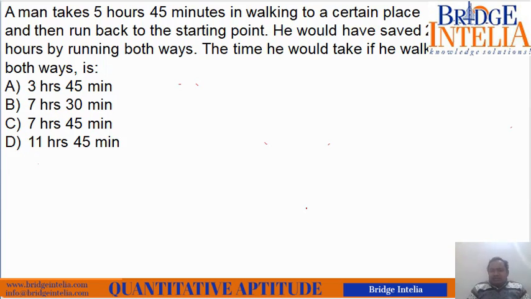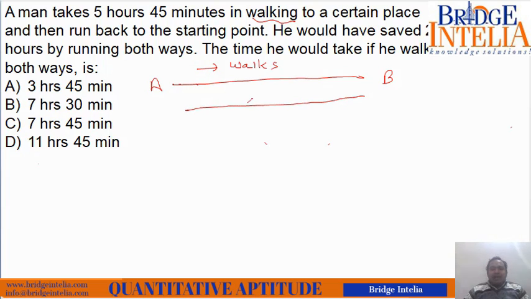A good question. Let us understand what is being said here. There are 2 points A and B. While going from A to B, he walks, whereas while coming back, he runs.